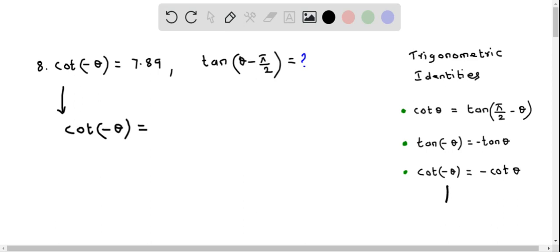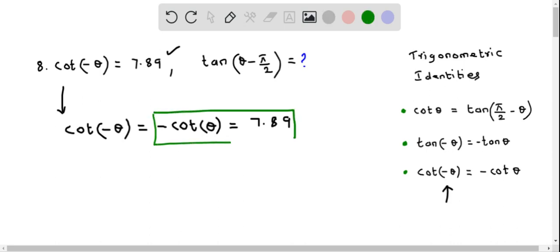I'm going to use this identity, that cotangent of negative theta equals negative of cotangent theta. So I can write this as a negative of cotangent of theta, and this is given as 7.89. Now let's focus only on this part.